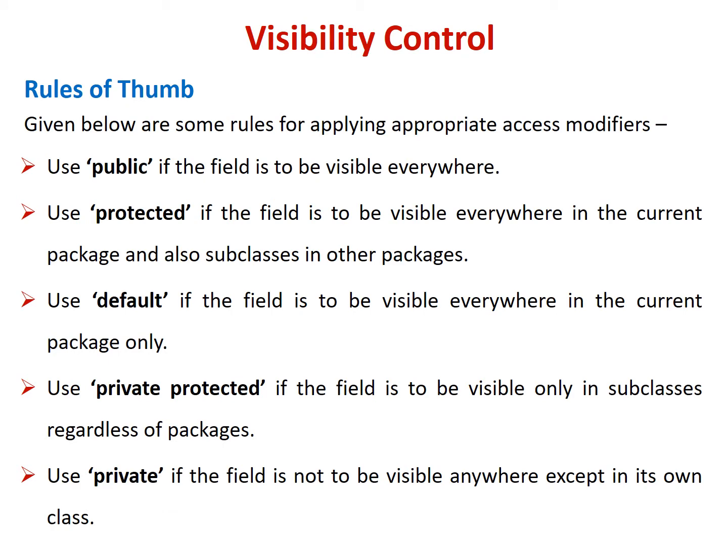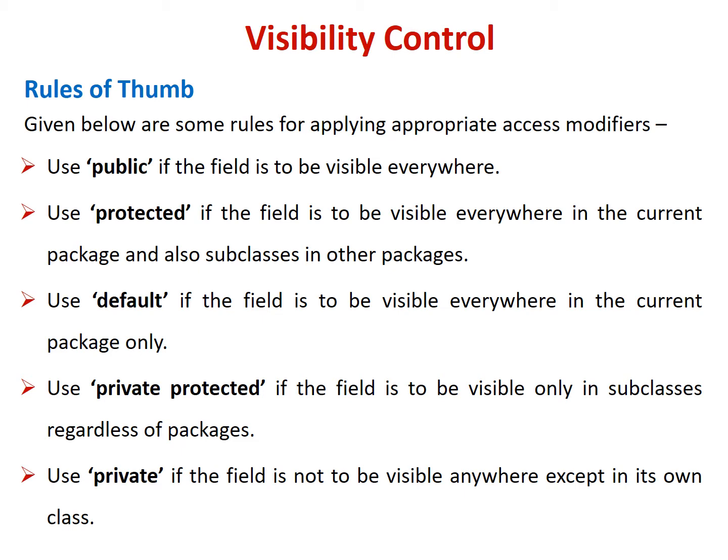Now, rules of thumb for visibility control. Here are some rules for applying appropriate access modifiers. Number 1, use public if the field is to be visible everywhere. Next, use protected if the field is to be visible everywhere in the current package and also subclasses in other packages.